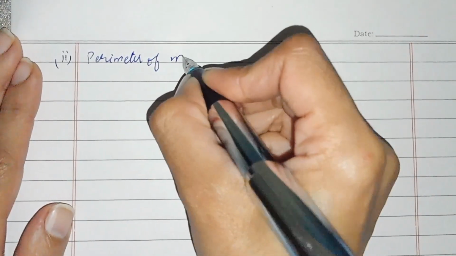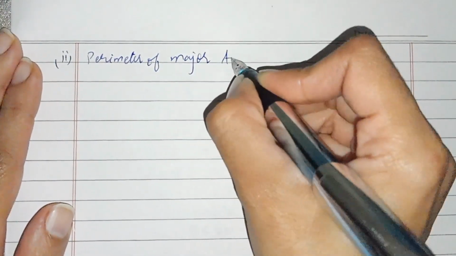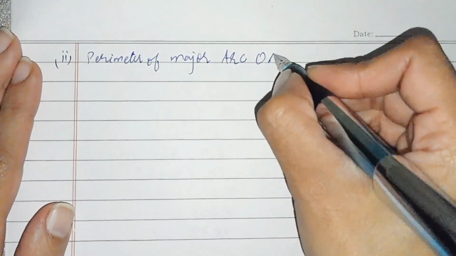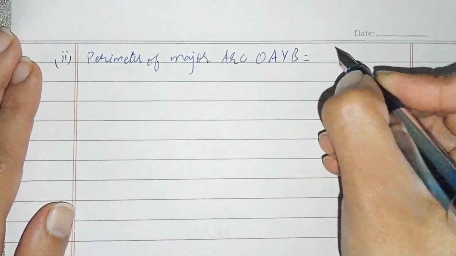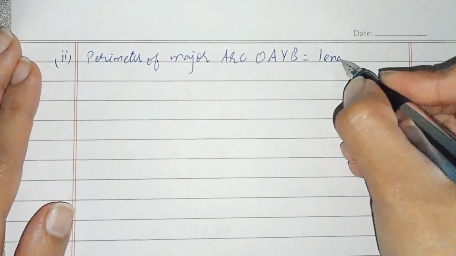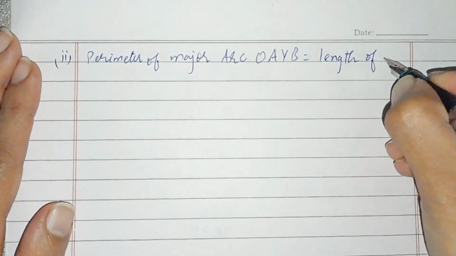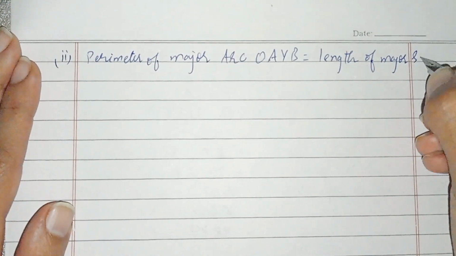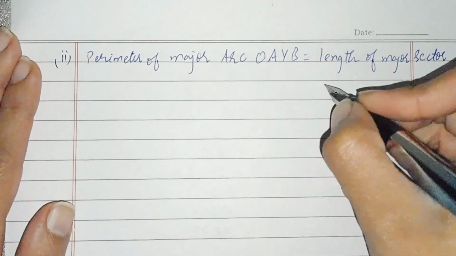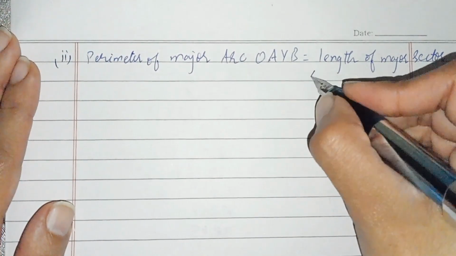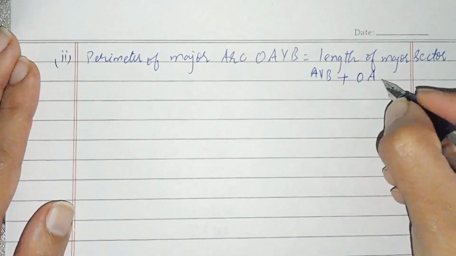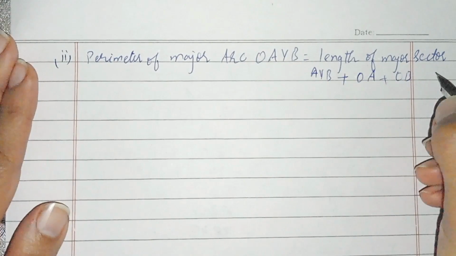The perimeter of major arc, and the major arc is AYB, is equal to the length of the major arc AYB, add OA and OB, which is equal to 9.